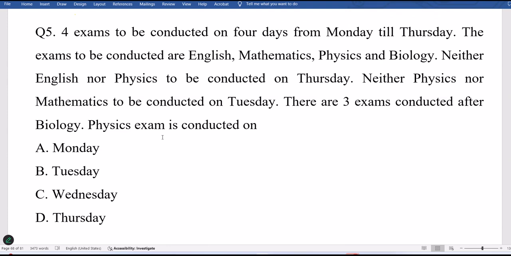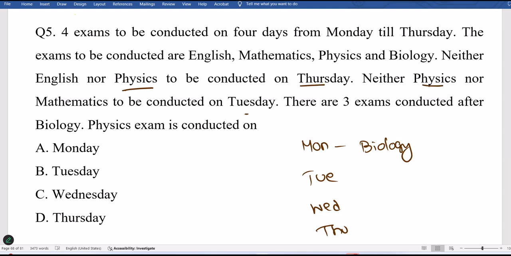So clearly they given there are three exams conducted after biology. So first one will be biology. Monday will be biology. So Tuesday, Wednesday, and Thursday. Clearly physics is not on Tuesday. Here also physics is not on Thursday.